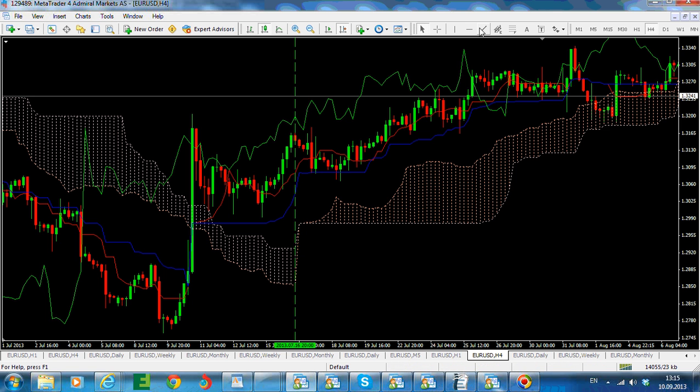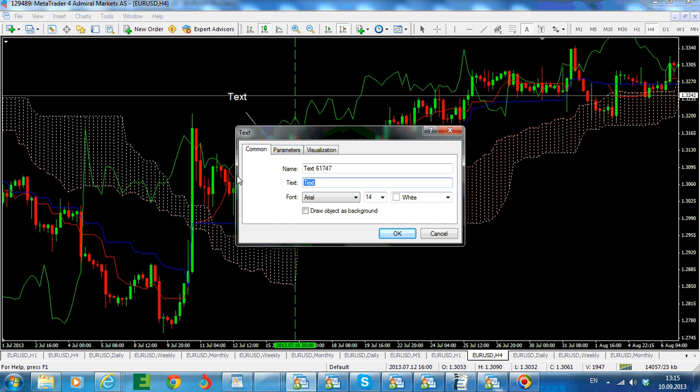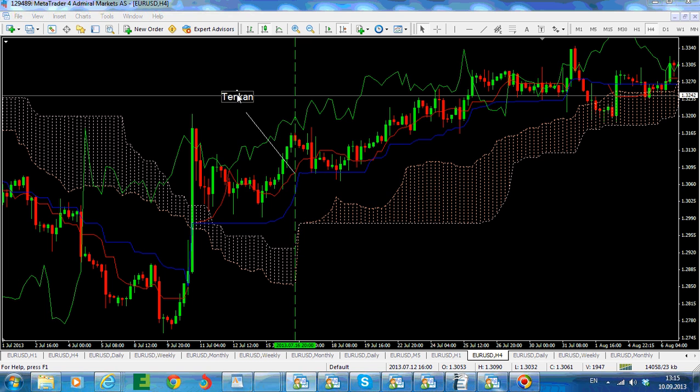The Tenkan line is the red one here. So a trader should wait for a candle to close below the Tenkan line and touch it, and the very next candle to be a green candle in this case that closes above the Tenkan.